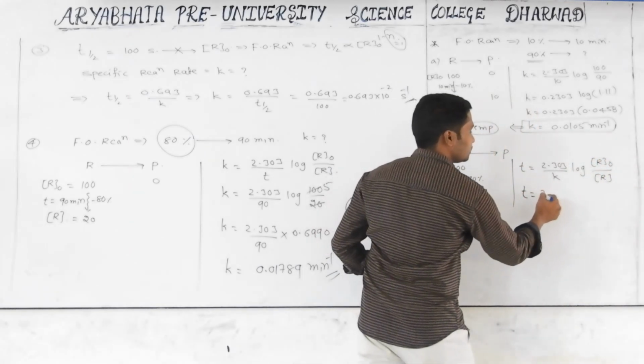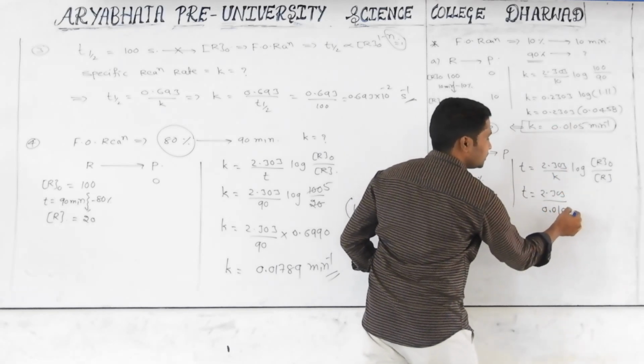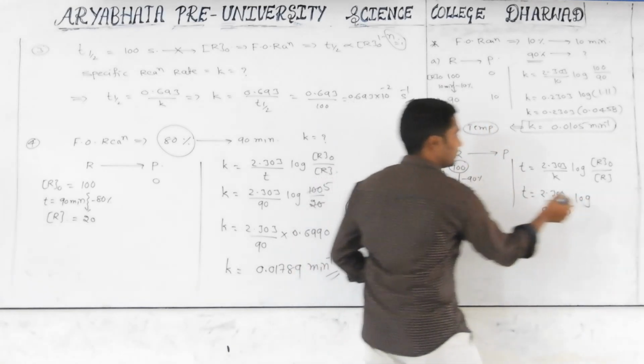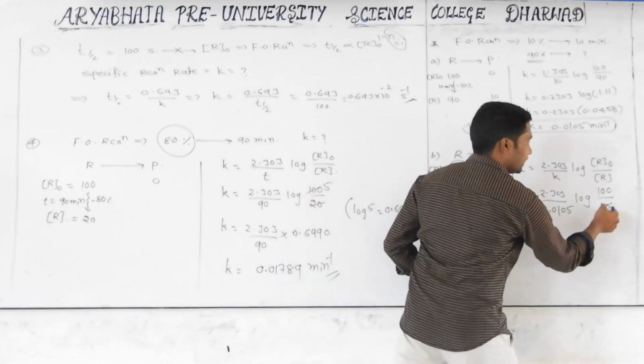T is equal to 2.303 by K value 0.0105 into log, initially 100, finally 10 remaining. 100 by 10 is 10.